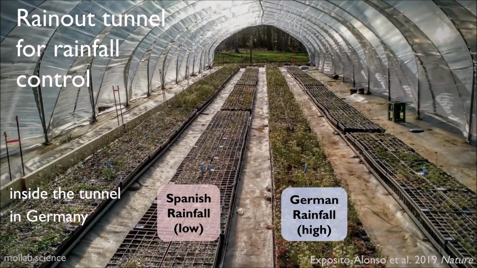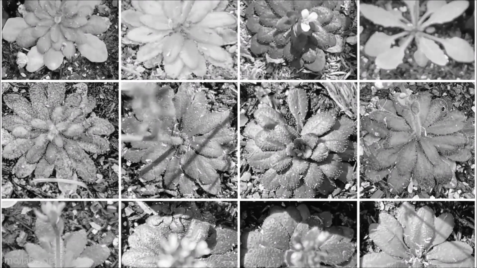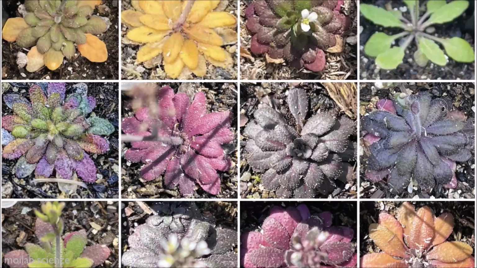With this in hand, what do we see when we plant this model system in the wild? In hundreds of natural variants, there was a beautiful diversity. With these stressful conditions, you reveal a series of phenotypes, and some of them are striking, such as these rosette colors.